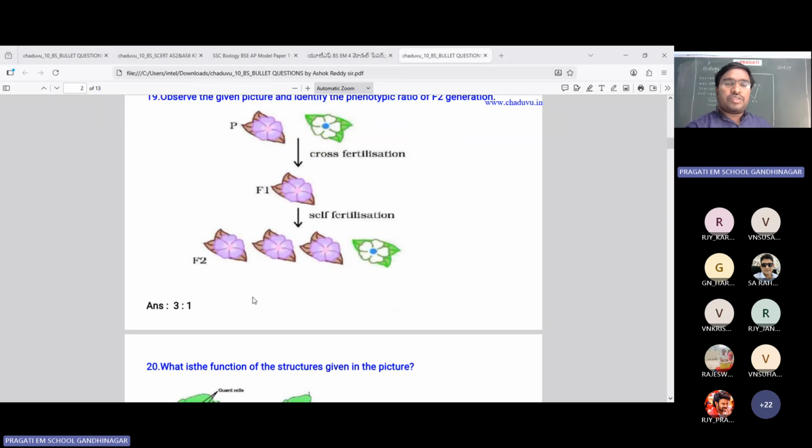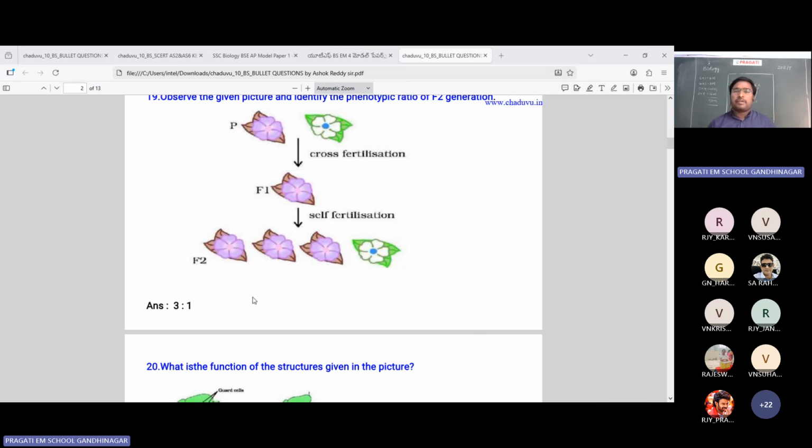Please, all of you, look at the 19th question diagram, children. Here, observe the given picture and identify the phenotypic ratio of the F2 generation. What is meant by phenotypic ratio, children? Generally, we mention phenotypic and genotypic ratios, isn't it?